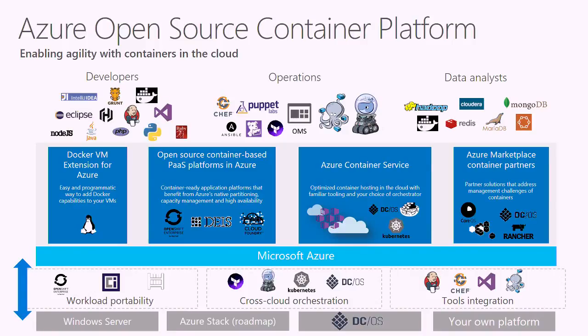We have a specific Docker extension in VM extensions. We can also use open source platform-as-a-service projects or products from our partners, so OpenShift from Red Hat or Pivotal from Cloud Foundry. And then we've got Azure Container Service, which we're looking at more closely today.